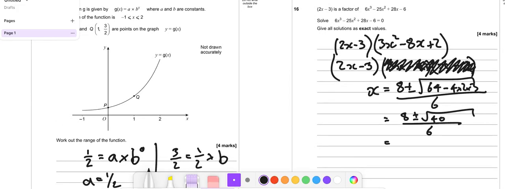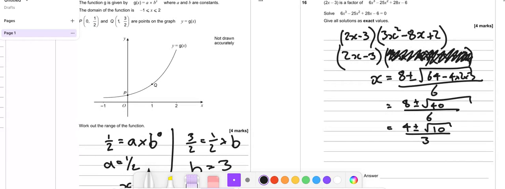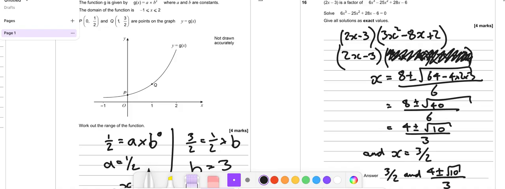So I'm going to divide everything through by 2. So it's going to be 4 plus or minus the square root of 10 over 3. And x equals 3 over 2. So those are the two solutions, 3 over 2 and 4 plus or minus the square root of 10 over 3.